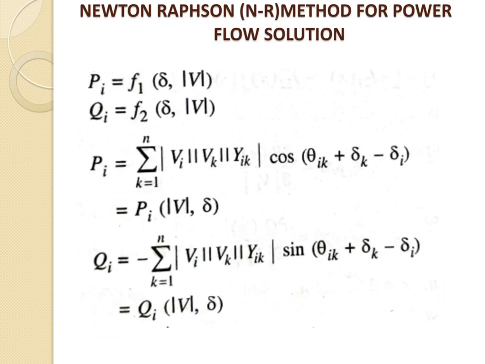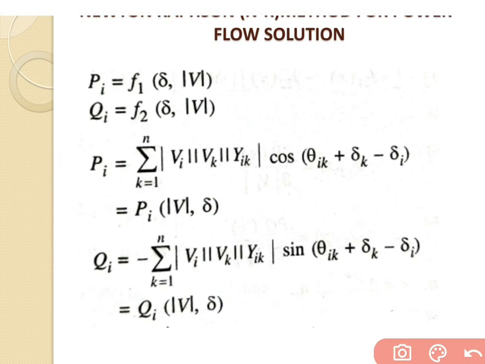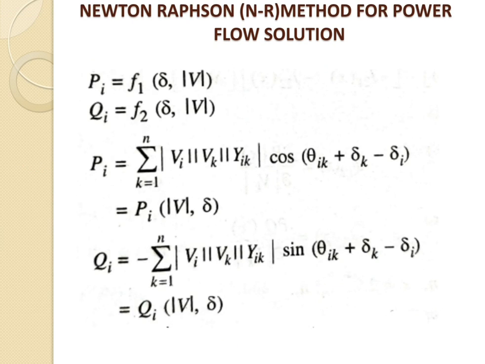Based on that, we will write the equations in terms of active power and reactive power. We will get Pi equal to summation of k equal to 1 to n, Vi Vk Yik cos(theta ik plus delta k minus delta i). So that is the function of voltage and phase angle.